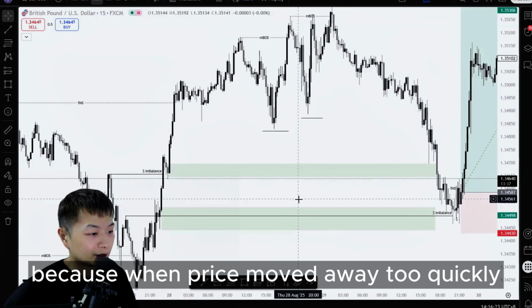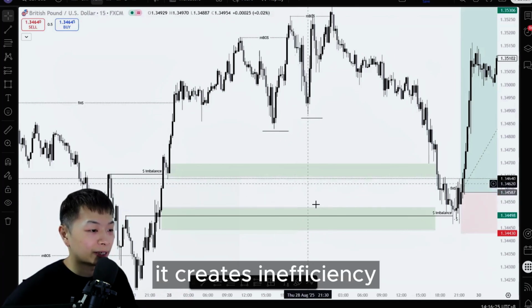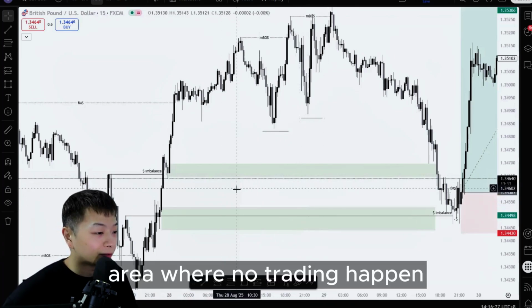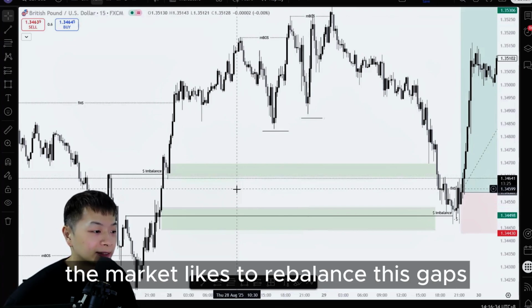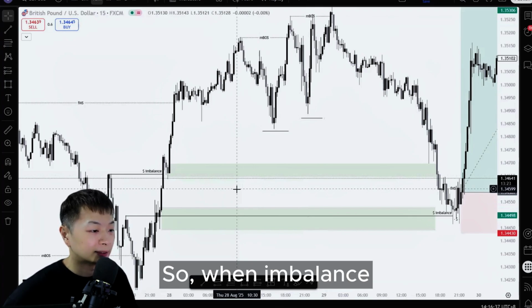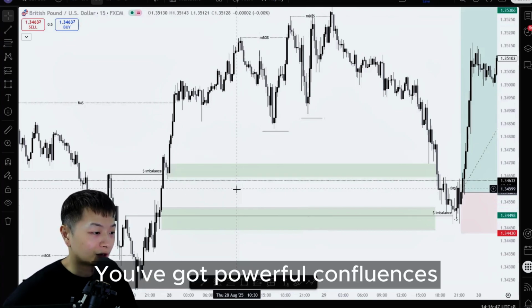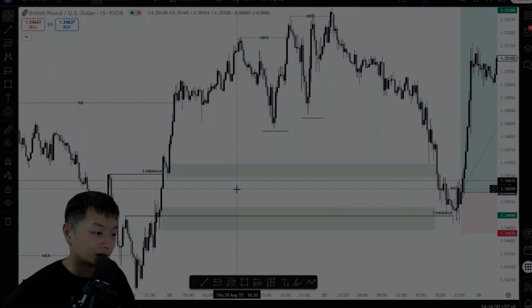Because when price move away too quickly, it creates inefficiency. Area where no trading happen, the market likes to rebalance these gaps. So when imbalance align with your order block, you have got powerful confluences.